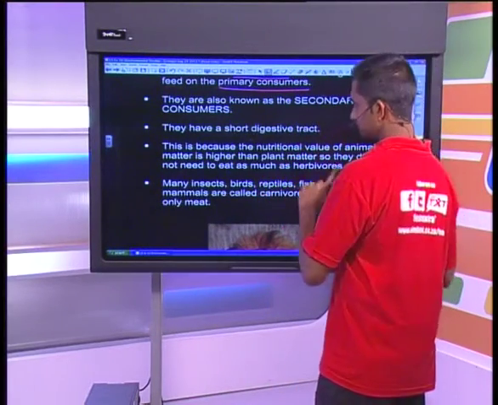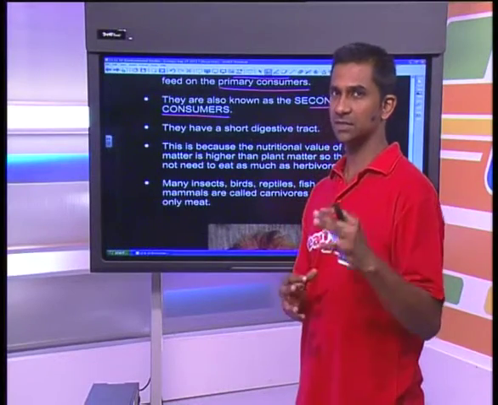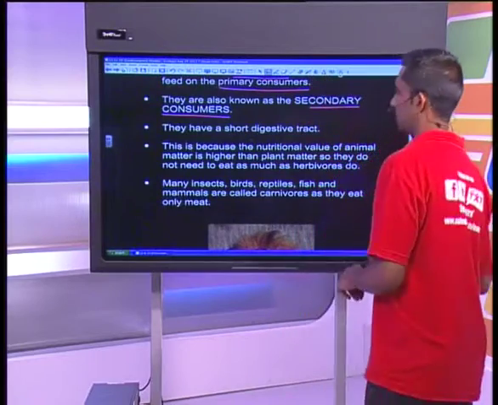When we look at the primary consumers, we refer to them as organisms that are feeding off the plants. Our secondary consumers would be the carnivores. These are the secondary consumers, as they are in order of development. These are the organisms that feed off the herbivores.